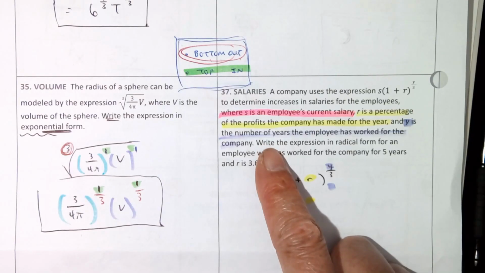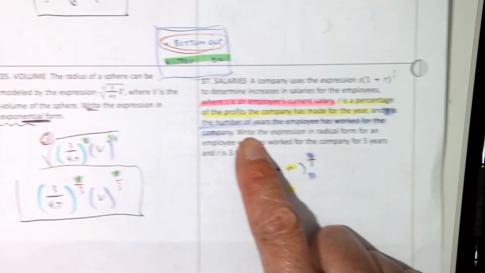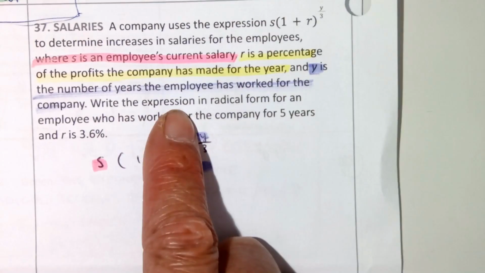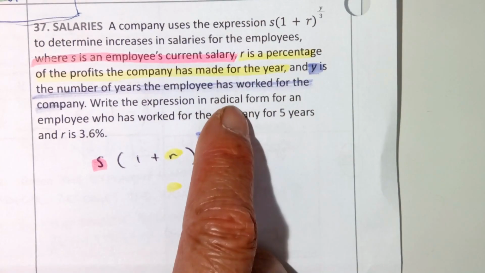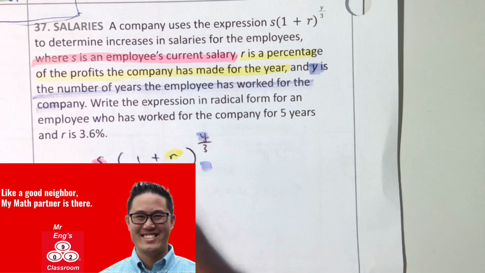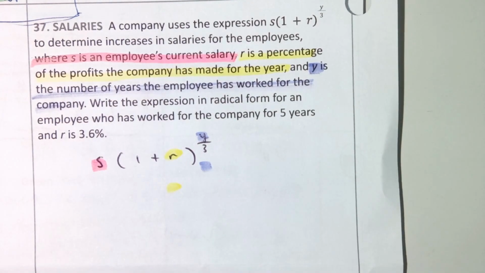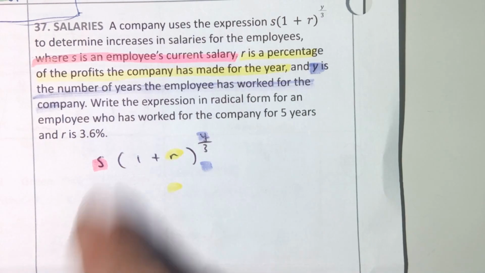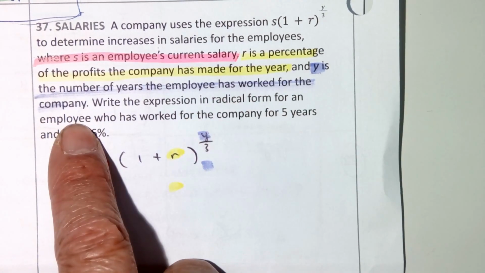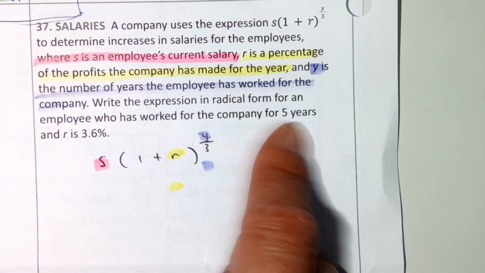Write an expression in radical form. But in order for us to do that, radical form for an employee who has worked 5 years. So I'm going to use worked for the company for 5 years.